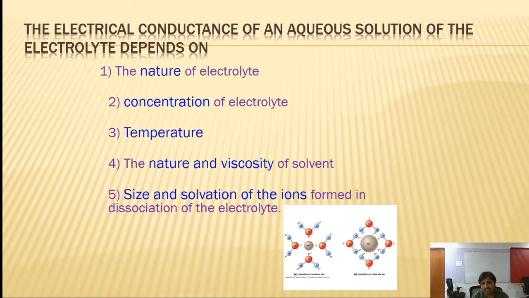Similarly, the Cl minus ion attracts the water molecules, with hydrogen coming close to the Cl minus ion. This effect of ions attracting the water solvent molecules is said to be the solvation effect. With an increase in solvation of ions, the conductance decreases.